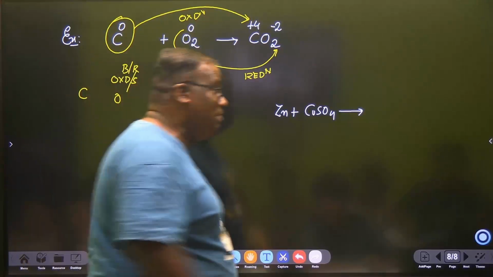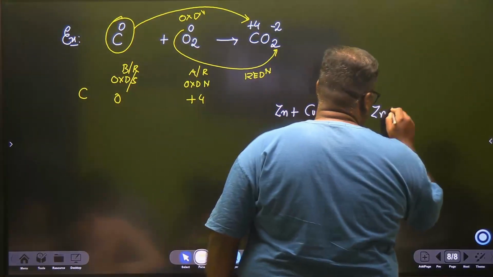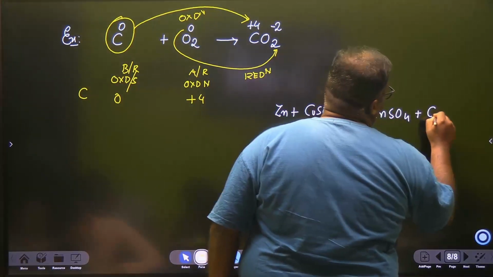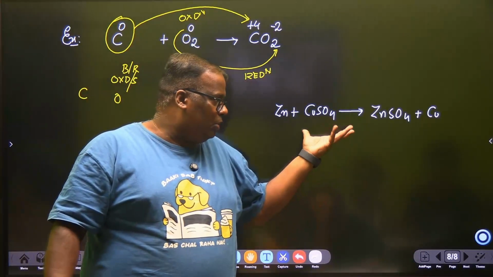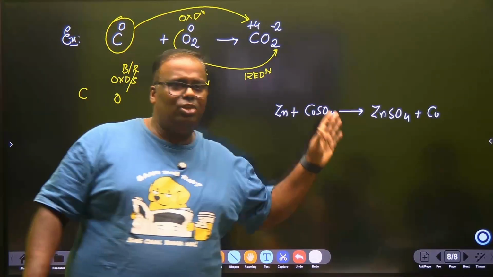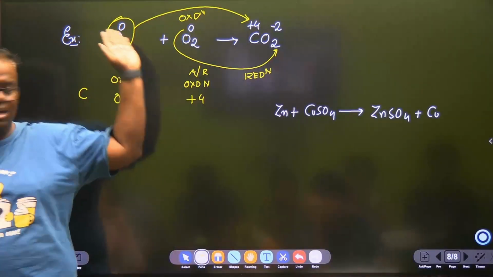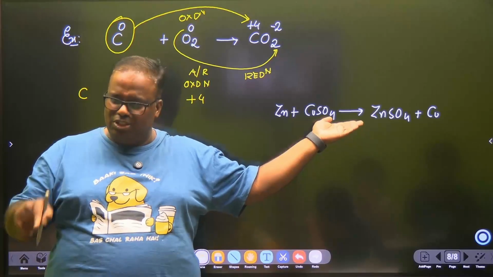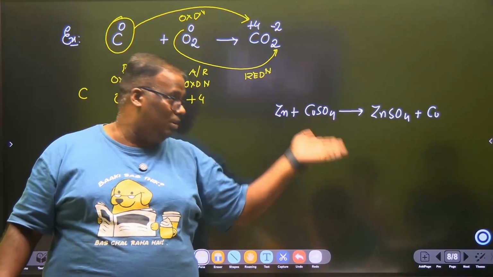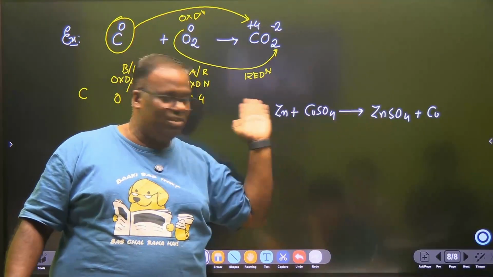I told you, remember all single displacements. Now look at the beauty. It's a new sort of example with oxygen and all. It was good earlier that I had brought oxygens. Here you don't see oxygen separately, and that methodology of oxygen and hydrogen will face a lot of trouble here. Hydrogen is not even seen.